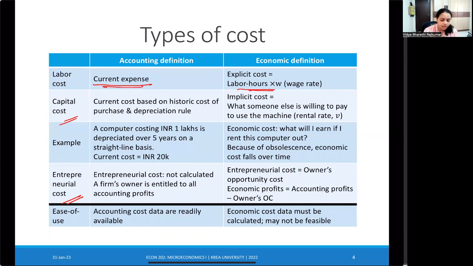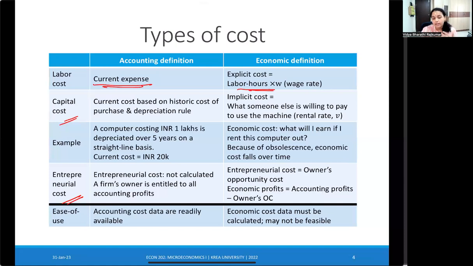If you were to think of entrepreneurial services in the accounting sense, there is actually no specific cost associated with the entrepreneurs because they're just the residual claimants of any profits that are left over. Any accounting profits, revenues minus costs, whatever is left over goes to the entrepreneur. Whereas with the opportunity cost definition, an entrepreneur is spending their time and energy setting up this particular company or enterprise, and they need to be compensated for that.